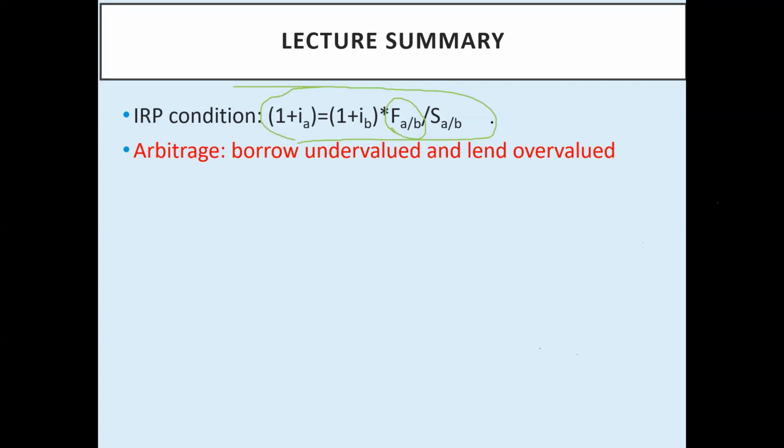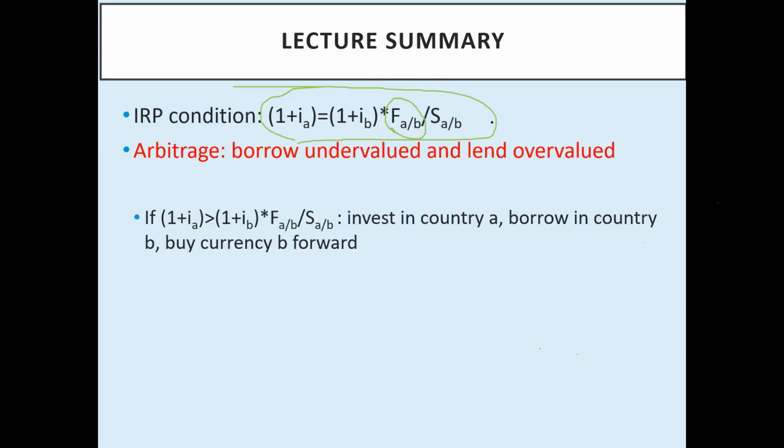When we talk about arbitrage and interest rates, we're talking about borrowing and lending. Whenever it's cheaper for us to borrow from the domestic market, we will borrow from the domestic market and lend to the foreign market.